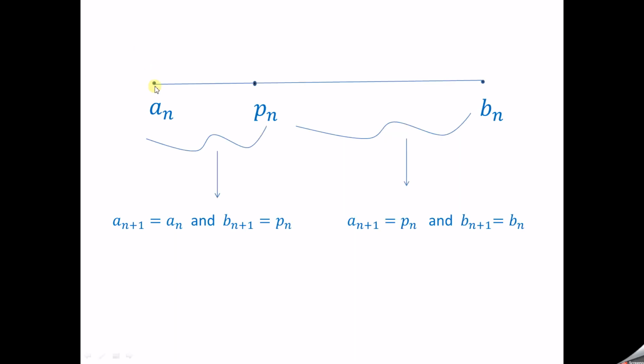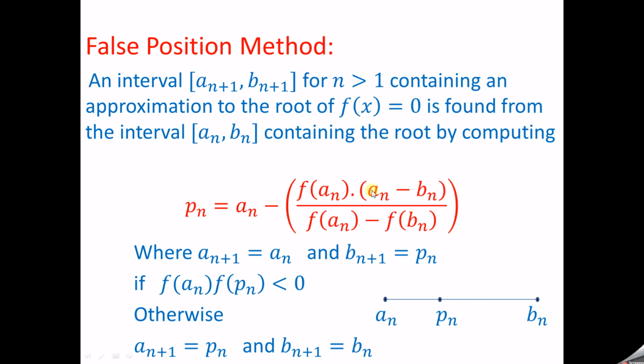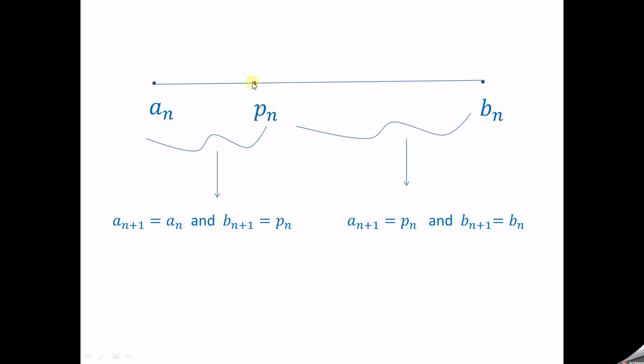So we start with the initial interval a_n and b_n, and we get the point p_n, which is an approximation. To get this approximation p_n, we use this secant method formula. After getting this p_n value, we check whether the root lies between these two or between these two.